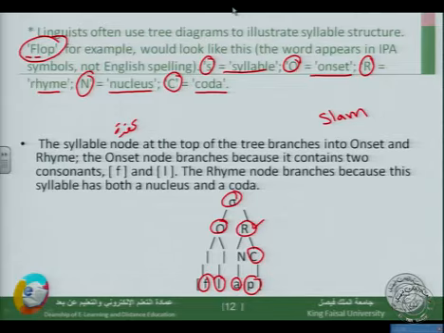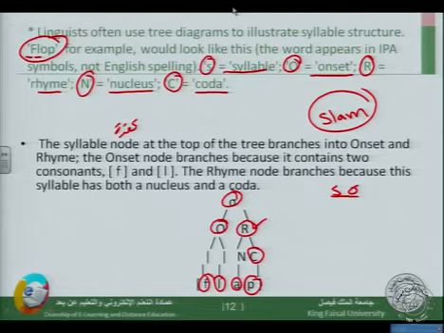And I want to use the tree diagram to illustrate the syllable structure of the word slam. First, I start with this node, which we call the syllable node, abbreviated S. The syllable node should branch into two: the onset and the rhyme, because the word slam has an onset and a rhyme.